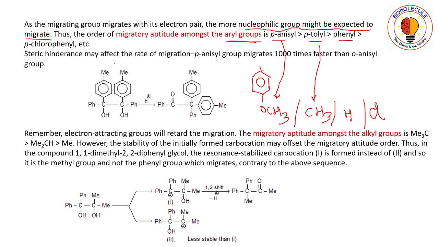Now steric hindrance may affect the rate of migration. That is, the para-anisyl group migrates 1000 times faster than the ortho-anisyl group. What is ortho-anisyl? That means this OCH3 group will be present in the 2 position.